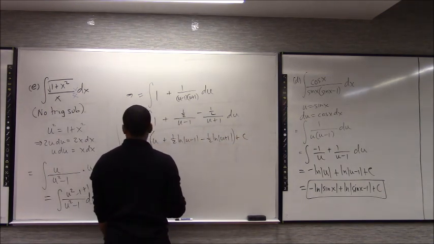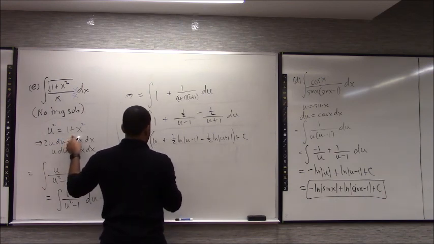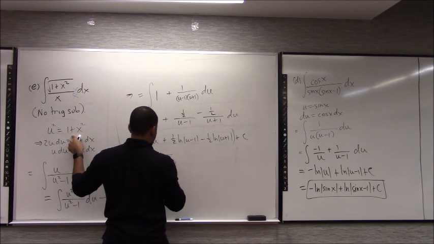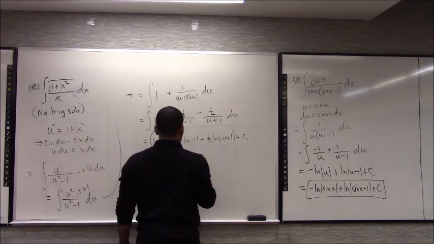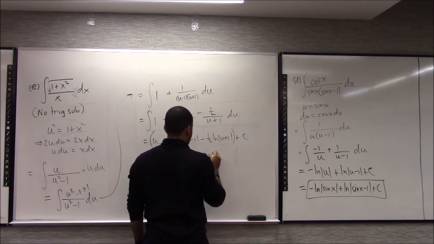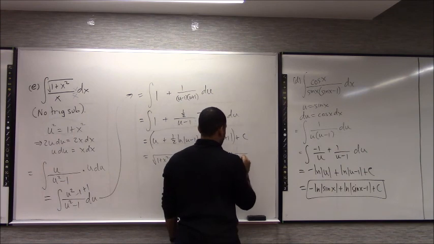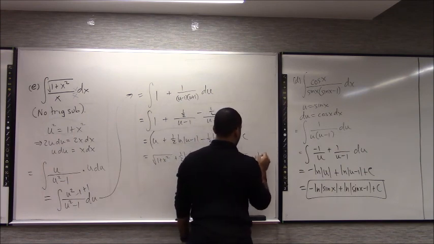And our u was actually the radical of 1 plus x squared. So this is the radical of 1 plus x squared, plus 1 half ln of the radical of 1 plus x squared minus 1, minus 1 half ln of the radical of 1 plus x squared plus 1.